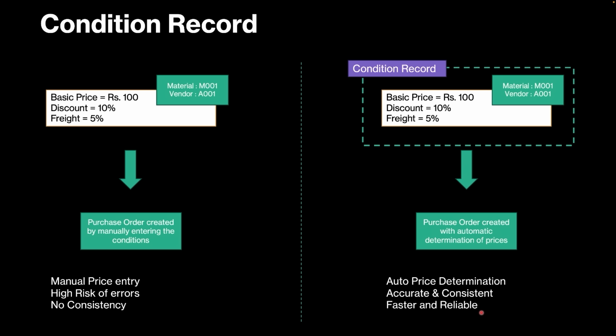So maintaining a condition record has various advantages, and if you have agreed prices and terms and conditions with the vendor, then you can enter those prices in the system in form of condition records. These condition records you can use repeatedly to create your purchase order. So the condition records are basically master data for your pricing conditions.